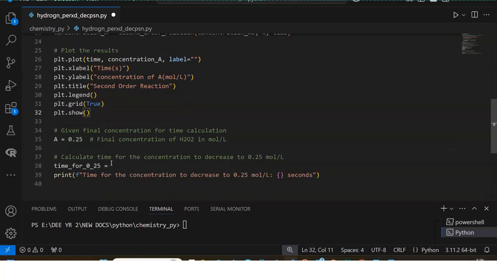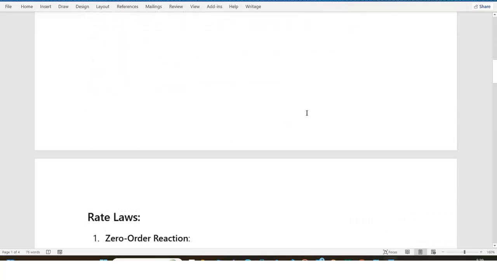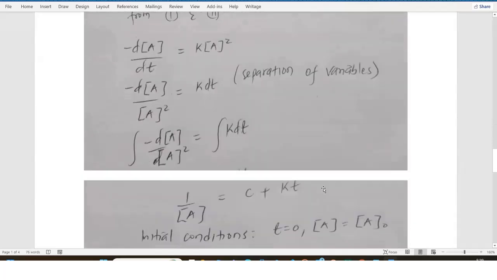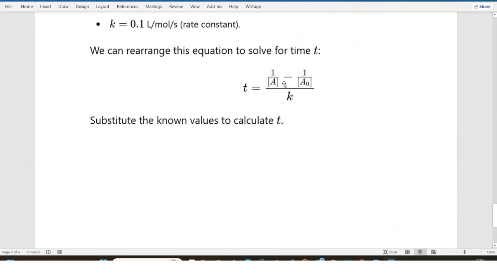And for the time for reaching 0.25, we are going to use a model that we derived earlier. So we have t equals 1 over concentration of A minus 1 over concentration of A at t equals 0, divided by the rate constant.